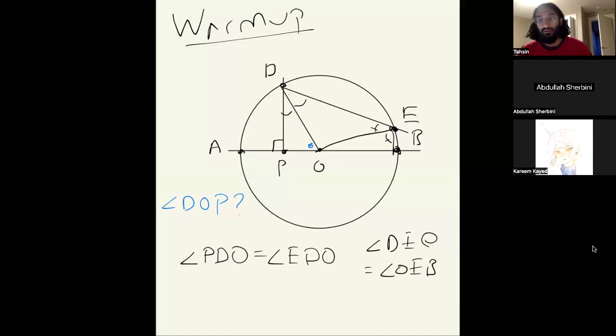Maybe use the fact that the lines DO and OE are equal. Mm-hmm. So we have an isosceles triangle, which means two of these angles are equal.